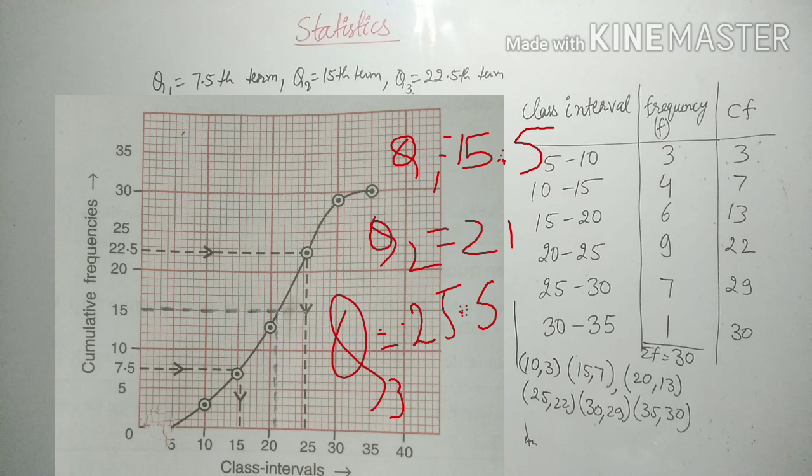So with the help of the ogive, we have found the values of Q1, Q2 and Q3 very easily. We will follow this rule and technique whenever we see this type of graph, and whenever the number of terms is not even, we will implement the formula I told for odd values, or draw on the graph accordingly, and that will be the final value.